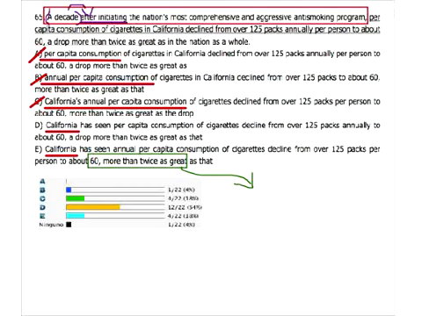So the meaning should be that the drop per capita is per person, yeah. So it's per, as opposed to an overall number. The meaning should be that the drop is twice or was twice as great.